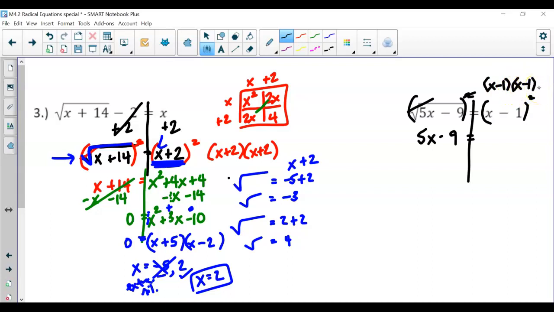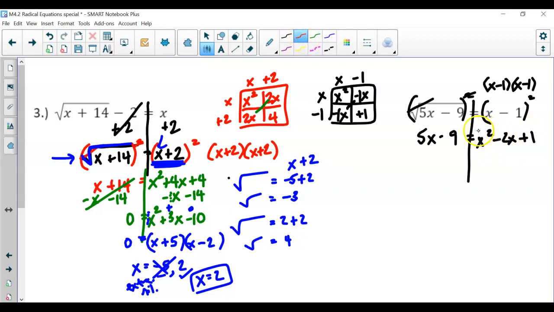So you did need to do box method for this one here, or FOIL. So x minus 1 times itself, x minus 1. So x squared, negative 1x, negative 1x, but negative times a negative is now positive 1 here. So here you have x squared, that's minus 2x plus 1.